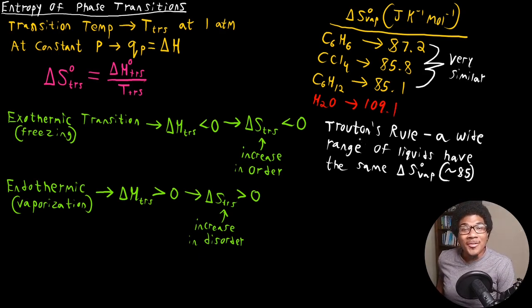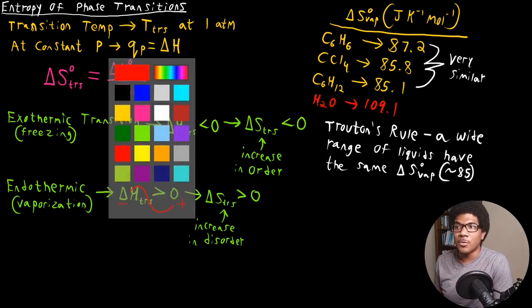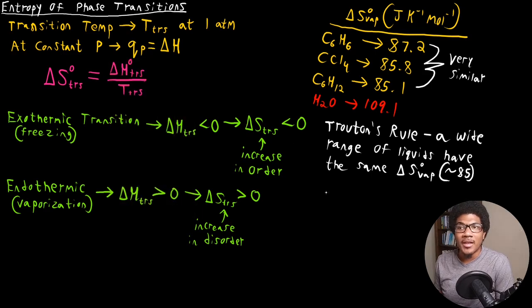It's really interesting to think about why this one deviates further from Trouton's rule than most any other structure. We can think about it on a molecular level. If entropy is a measure of how ordered a structure is, then what this deviation is really looking at is that there's a much larger change in order for a structure of water than there would be for benzene.